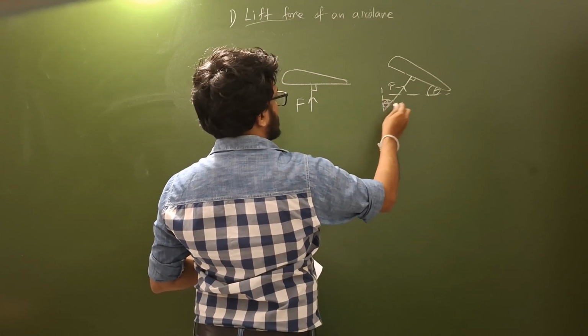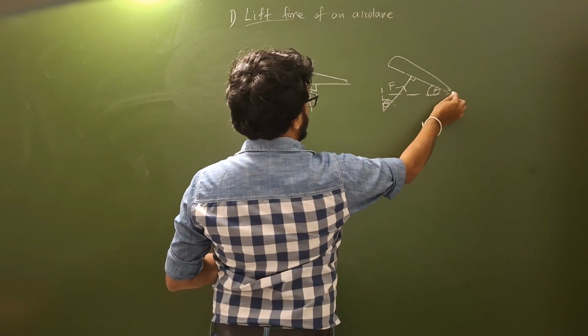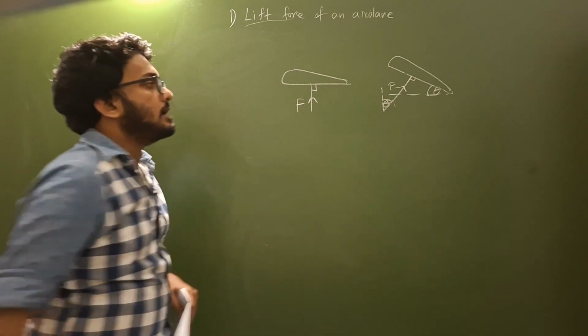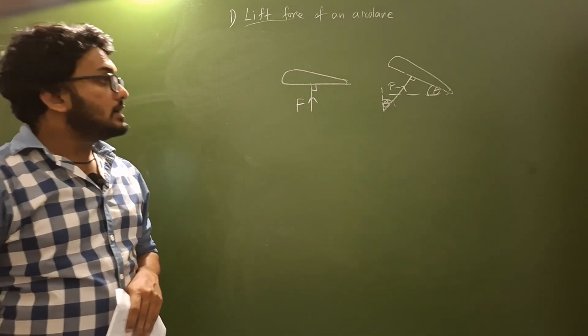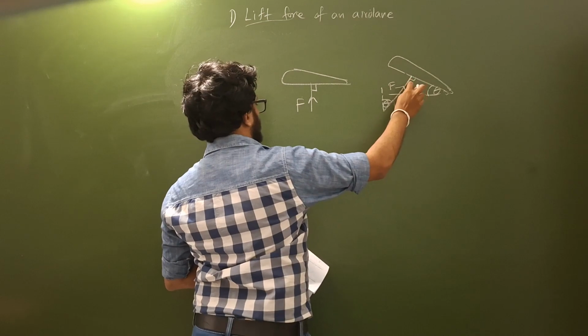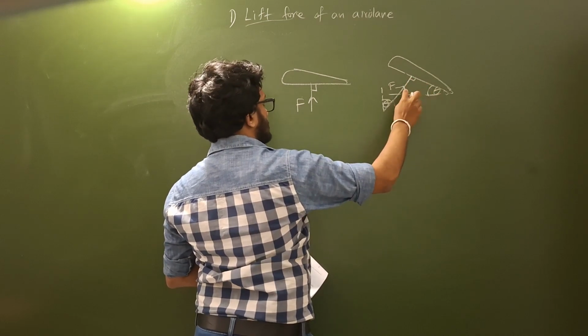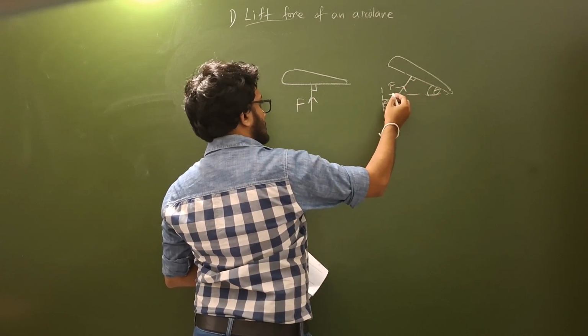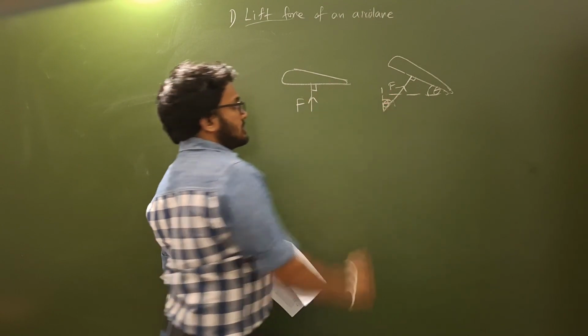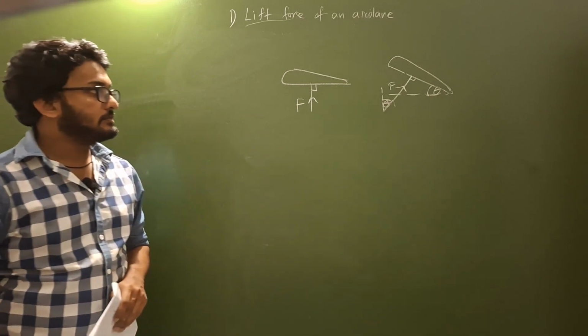So if the wing is inclined by theta like this, the force is inclined by theta with the vertical direction. You can take this, right? This is theta, this is 90, this is theta, this is 90 minus theta, this is 90, so this should be theta as well.